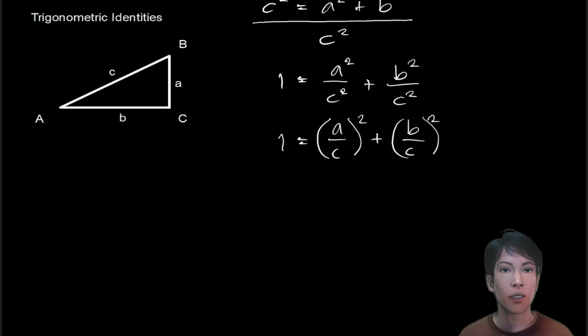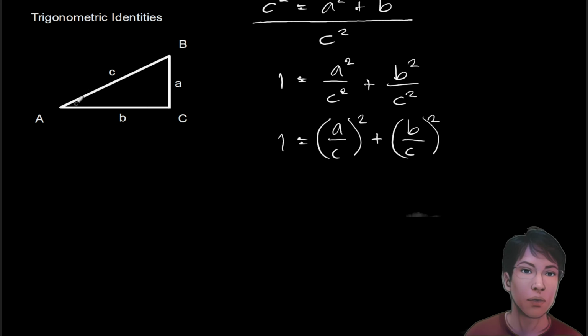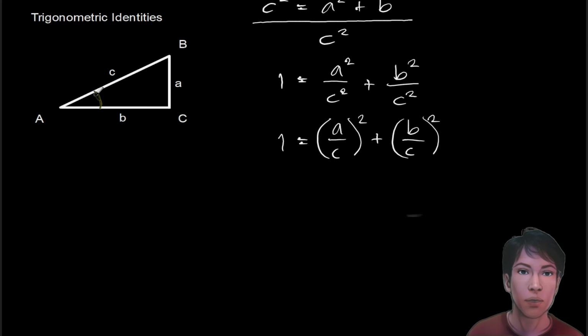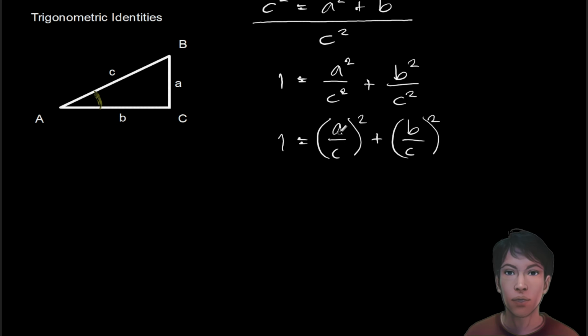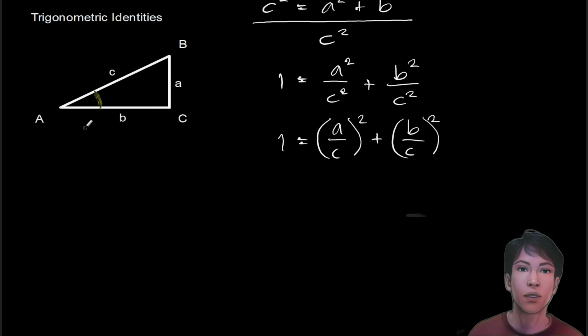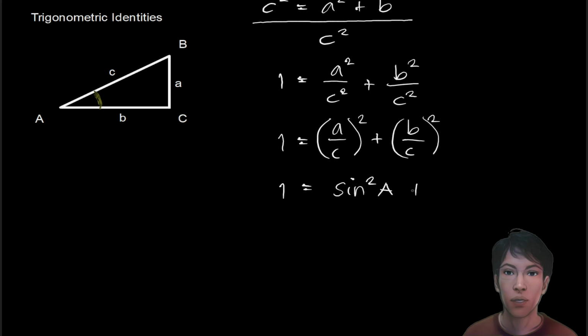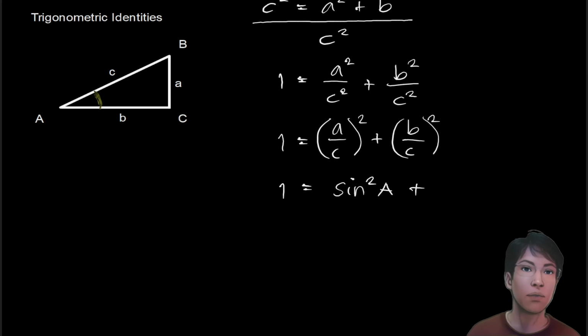Now, if we are to consider this angle A, what is A over C from here? A over C is sine A. So I can write this as sine squared A plus, what is B over C?